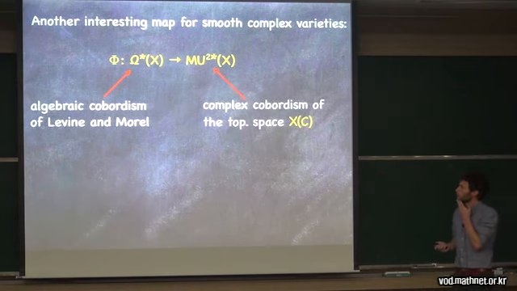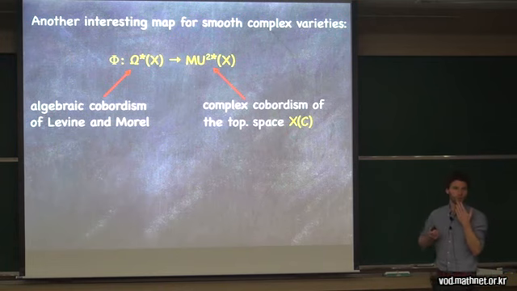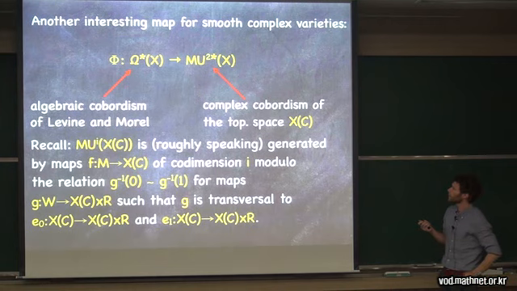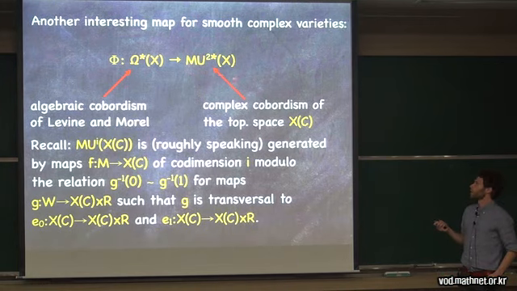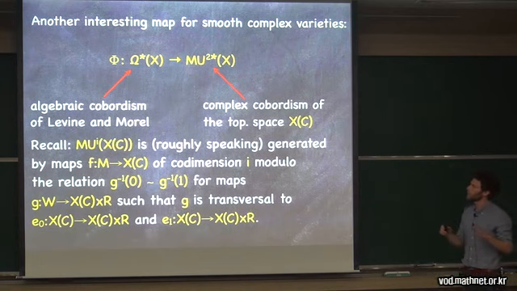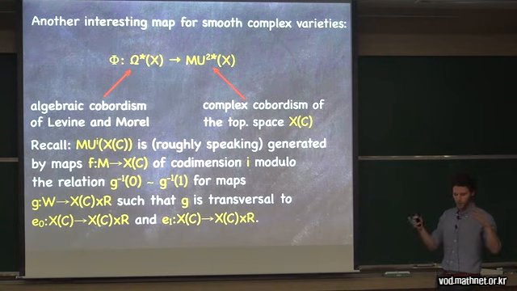Let me quickly remind you of how these two things are defined. First, let's start with the topological side. In general, it's not so important if you have never seen either of those. Just think of them as natural generalizations of the situation where we look just at subvarieties of our X.